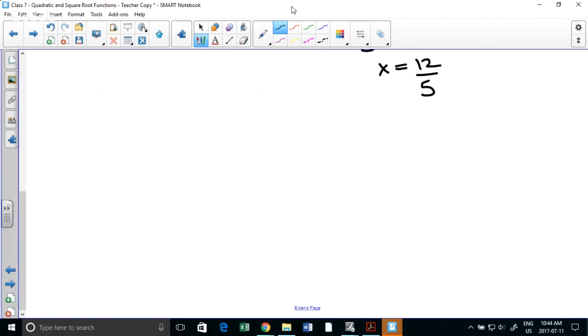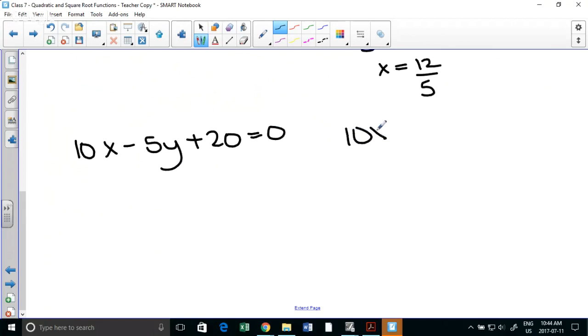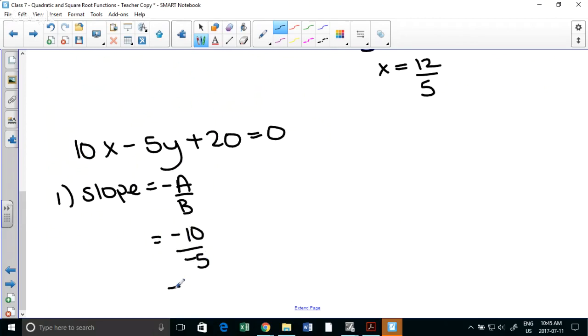If I give it to you in general form, you need to calculate three things. One, slope is -a over b, which is -10 over -5, which is 2.